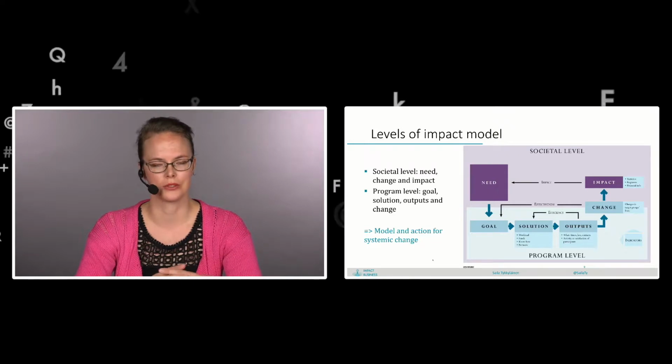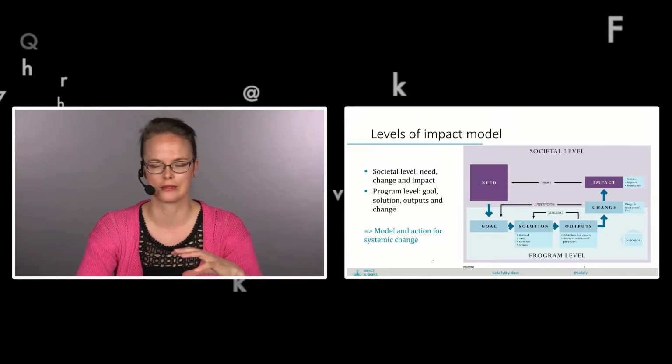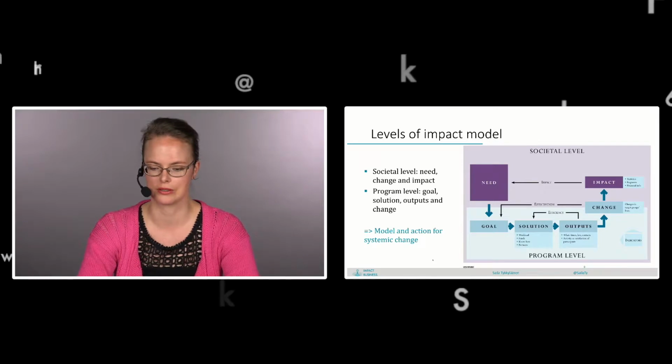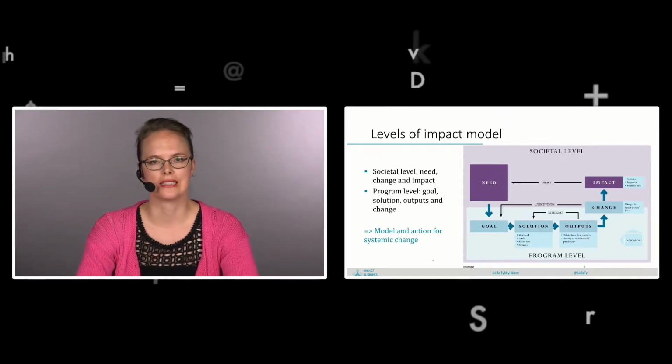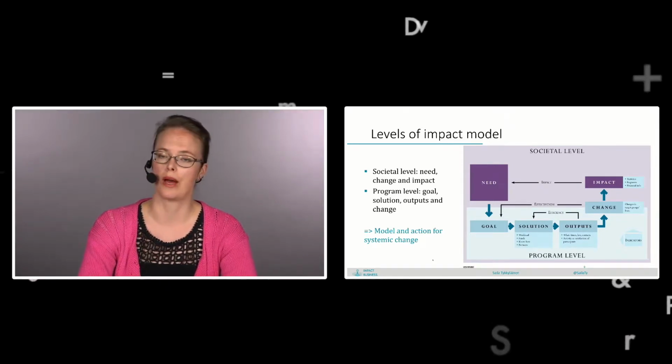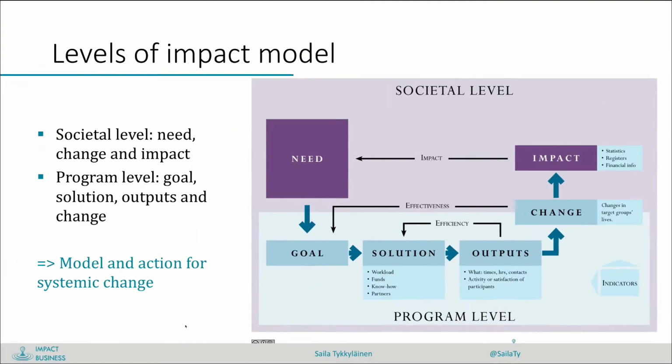And you have to be able to combine those two levels. What you see here is essentially an impact model, and the boxes present the different stages of that model. We will get into each of these boxes in detail in a minute, but this illustration should tell you that different components are situated at different levels.